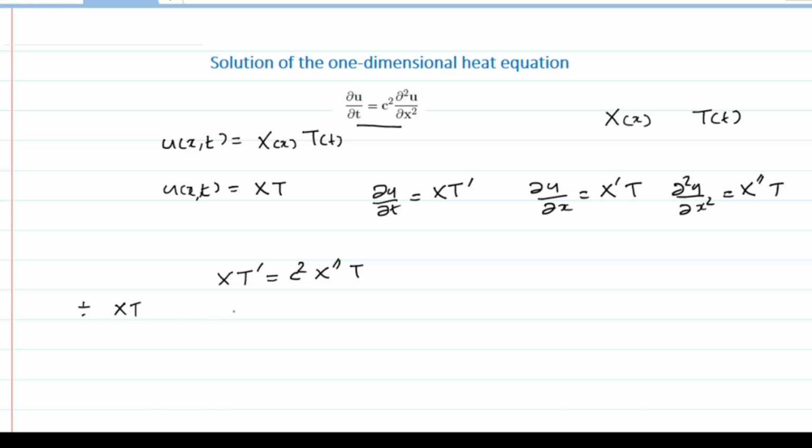We get T dash by T is equal to c square into X double dash by X. We can take c square this side, so X double dash divided by X is equal to T dash by c square T. Suppose that this is equal to some constant k.